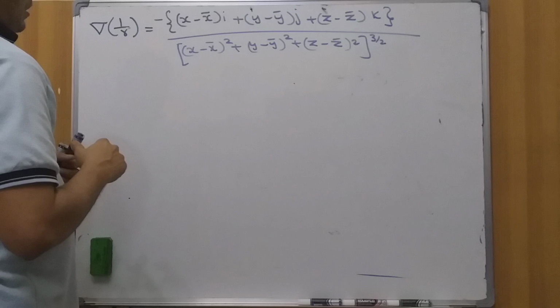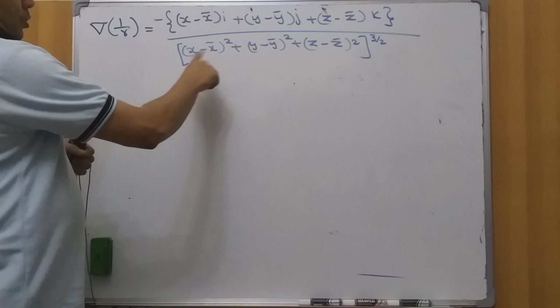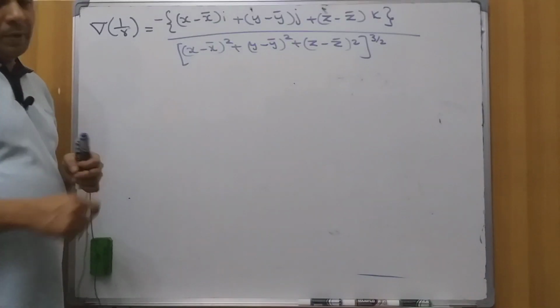So if you simplify this term, or substitute the term within the bracket as r square, then we will have r square to the power 3 by 2, which gives r to the power 3.